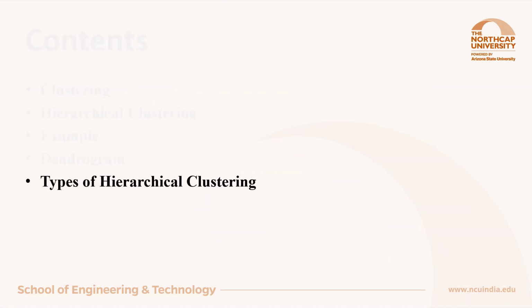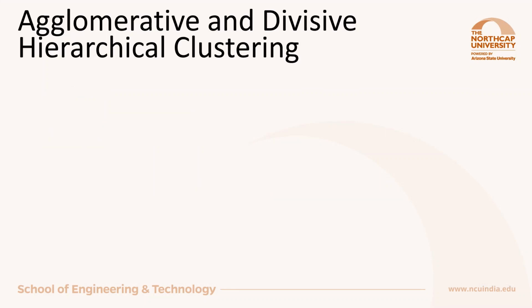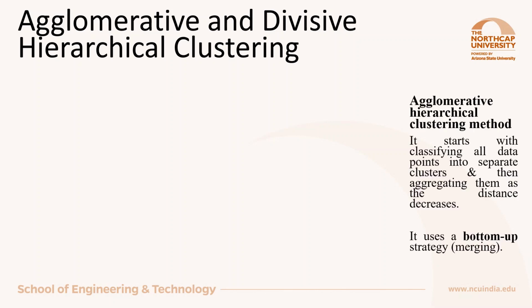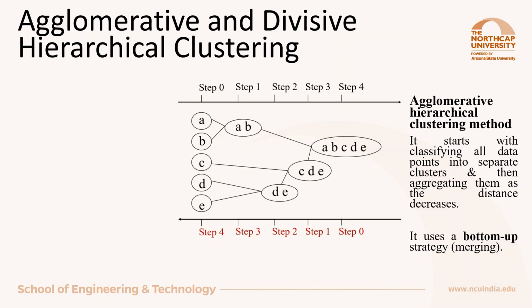Now comes the types of hierarchical clustering. Hierarchical clustering is divided into two types, the agglomerative and the divisive one. The agglomerative type of clustering starts with all the data points, considering them as separate clusters, and then aggregating them as the distance decreases.